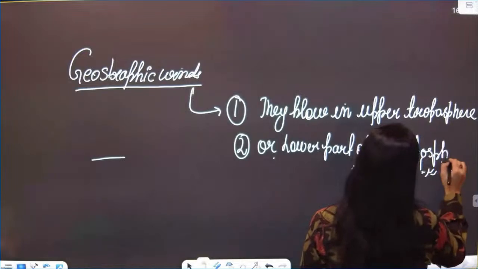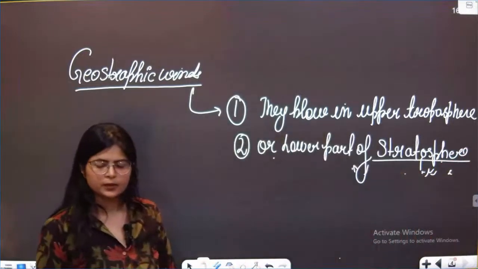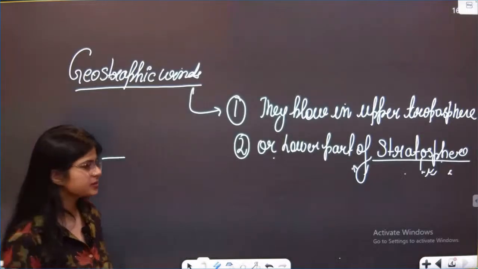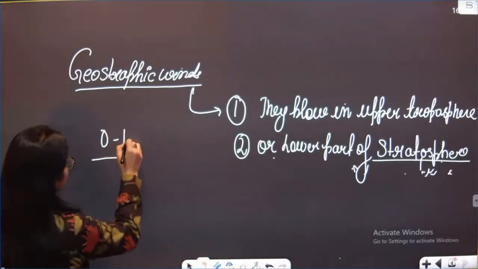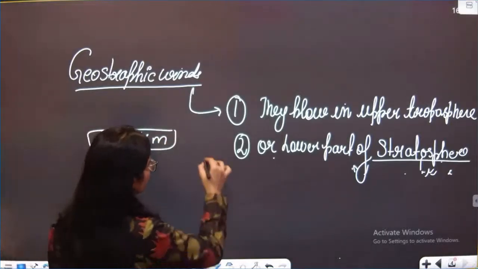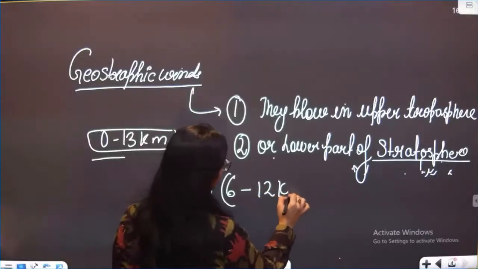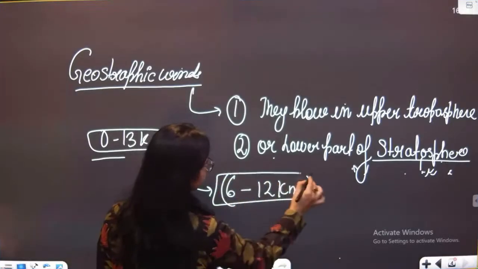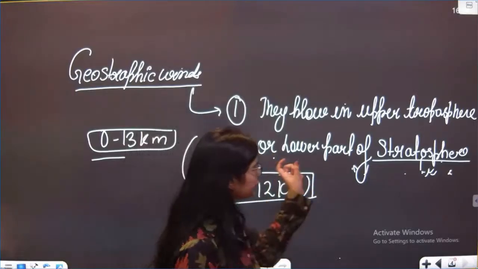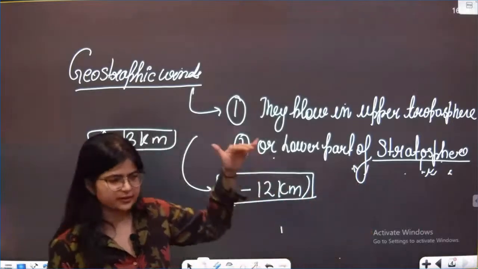Lower part of the stratosphere. What is the length of the troposphere? It is 0 to 13 kilometers on an average. So these winds blow between the range of 6 to 12 or 6 to 13 kilometers, and also you will find them in the lower part of the stratosphere. The troposphere comes first, then comes the stratosphere.